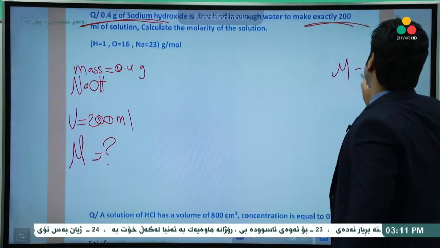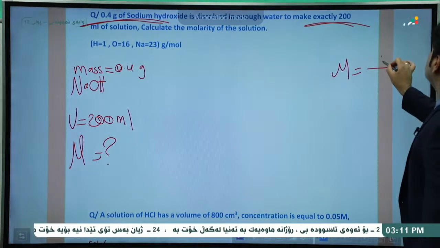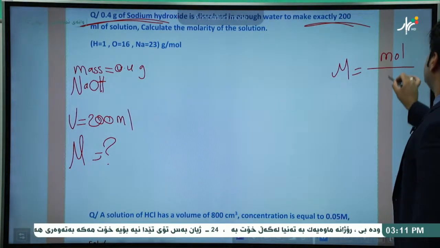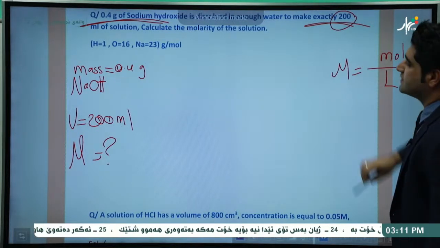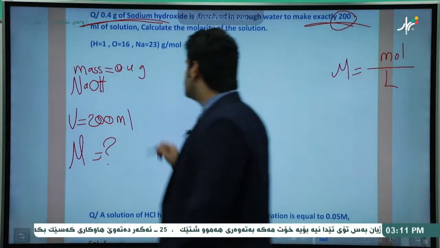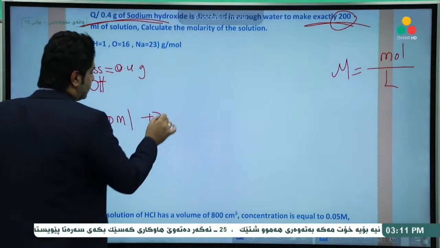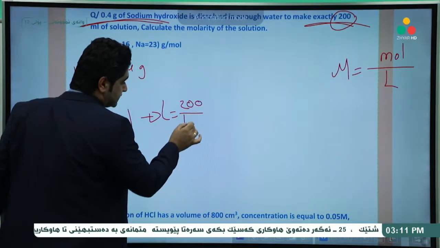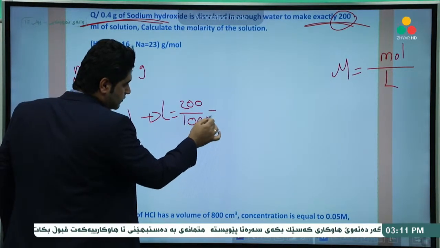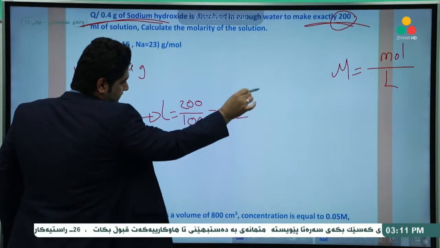Molarity is equal to mole per liter. First of all, the volume is in milliliter, so we should convert milliliter into liter. How can we find liter? Liter is equal to 200 milliliter divided by 1000, which is 0.2 liter.